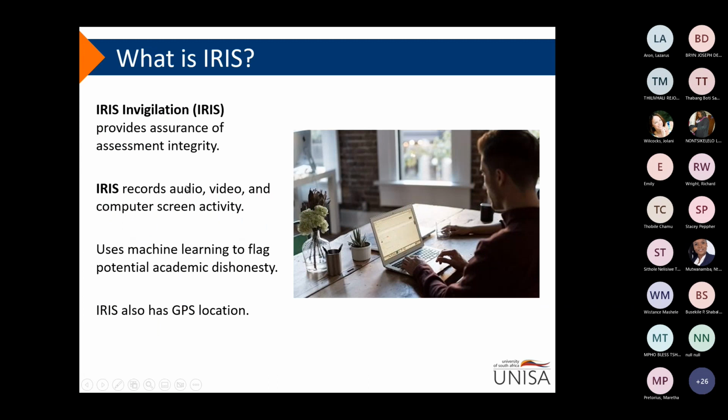What is IRIS? IRIS is an invigilation system that we use at UNISA to provide some sort of assurance of assessment integrity. UNISA has, like Richard mentioned, different apps, but at CSET we needed to use IRIS because of certain requirements by the engineering board. The other apps were not qualified in a sense.